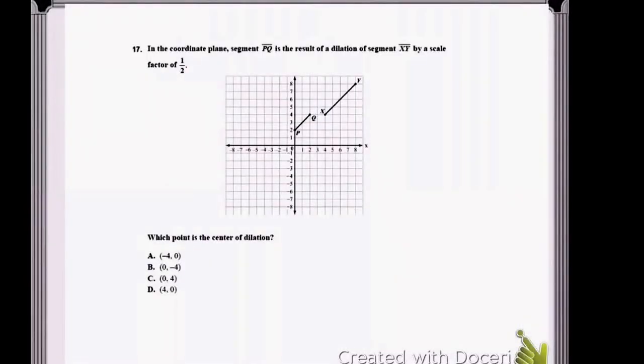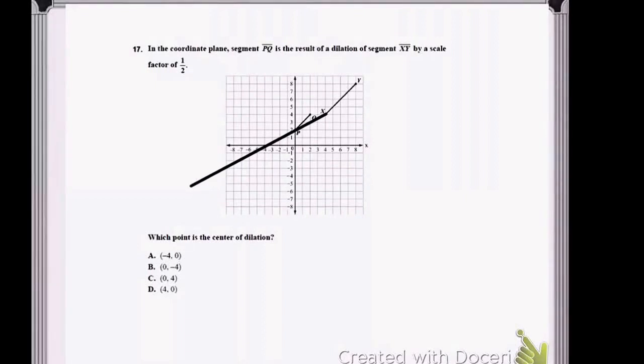In the coordinate plane, segment PQ is a result of a dilation of XY by a scale factor of 1/2. Which point is the center of dilation? So to do that, you want to match up your corresponding points. So I'm going to draw a line from X, the bottom point in the first image, to the bottom point in the second image. And I'll make my line long, and there's my line.